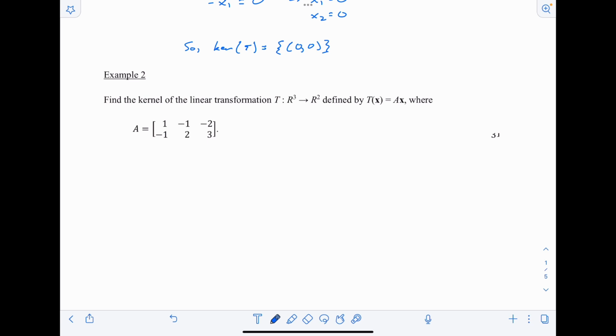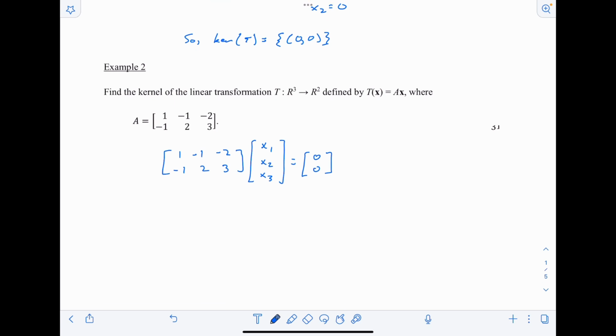In this case we're mapping from 3 to 2, so we're looking for all of the vectors that map to the 0 vector in W. Mathematically, we take this matrix and multiply it by a 3-space vector, x1, x2, x3, and we get something in the 2 space. So we get a 2 by 1 matrix, and it's the 0 matrix, because again, the kernel maps to the 0 vector in W.